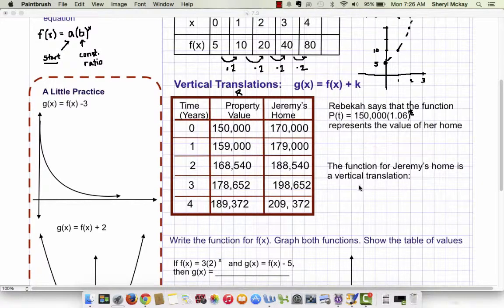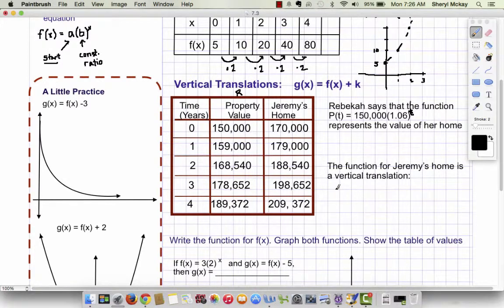Well, the function for Jeremy's home is a vertical translation. That means for Jeremy's home, I'm going to write J of t is equal to Rebecca's, which was P of t. Actually it would be smarter if we said R of t, but that's okay.